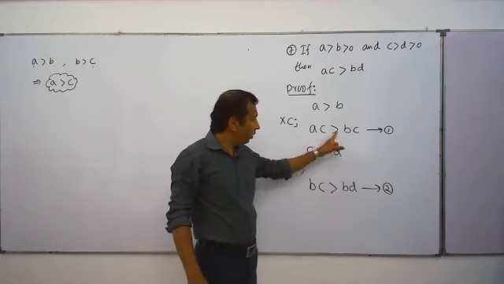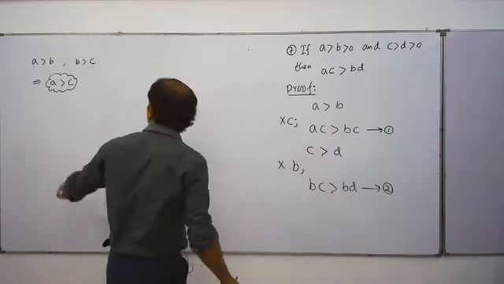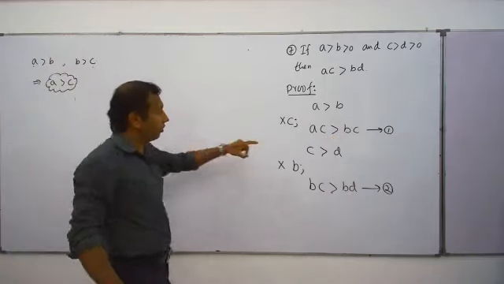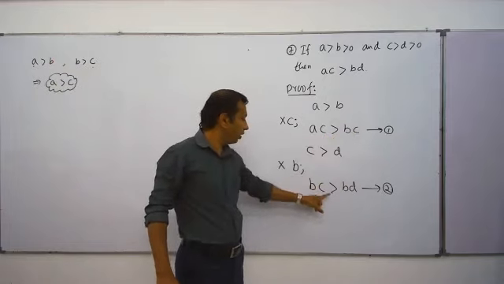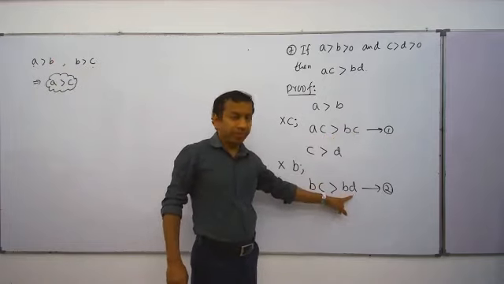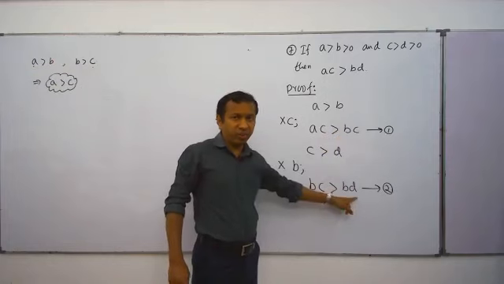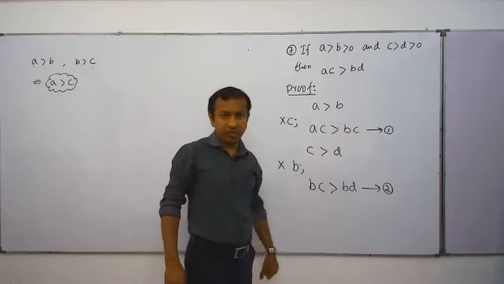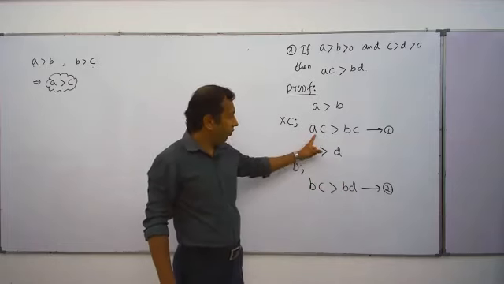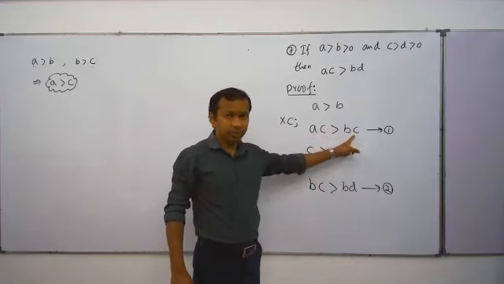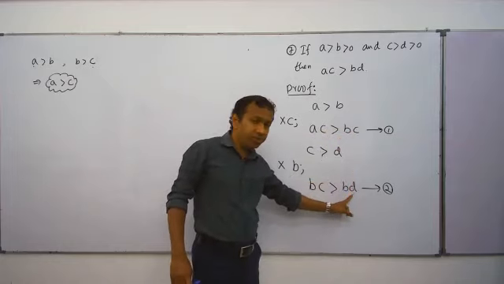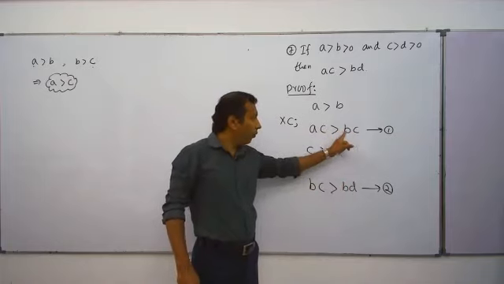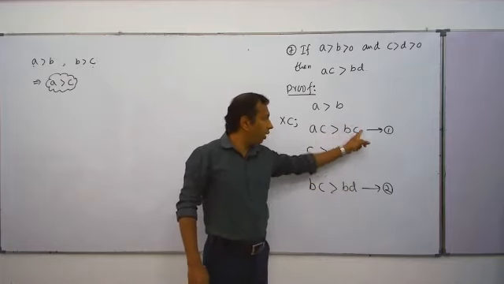AC is bigger than BC, and BD is smaller than BC.